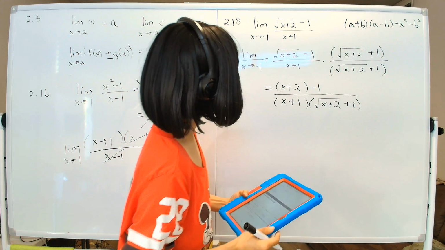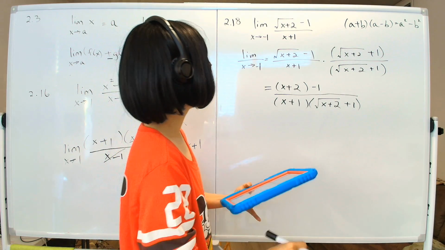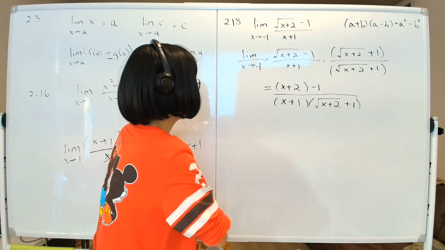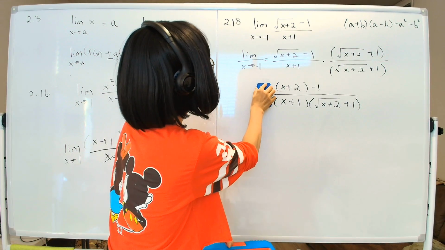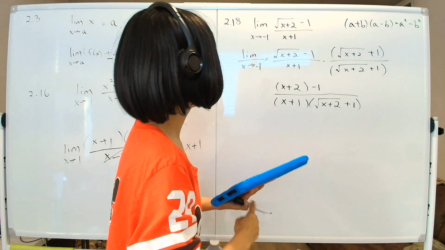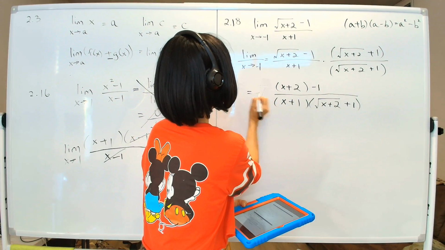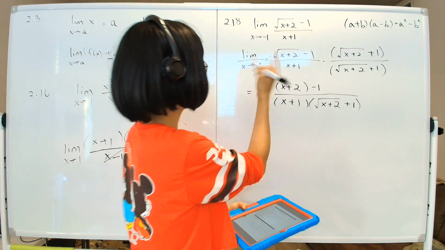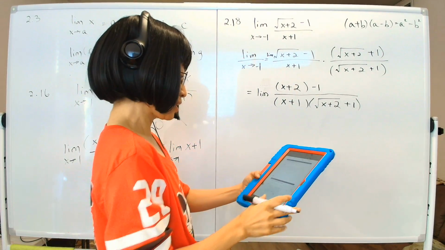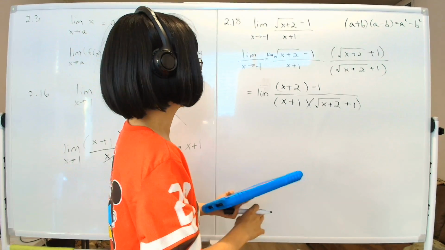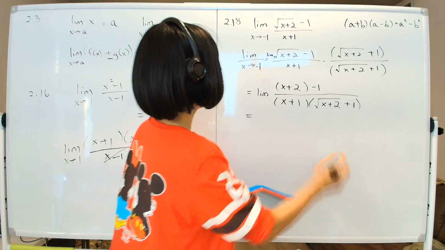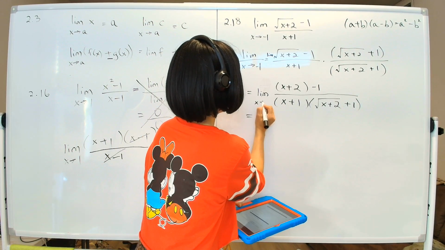So you got this. I forgot to write down the limit, so the limit symbol is still there. The limit hasn't changed. So next, this x is approaching -1.